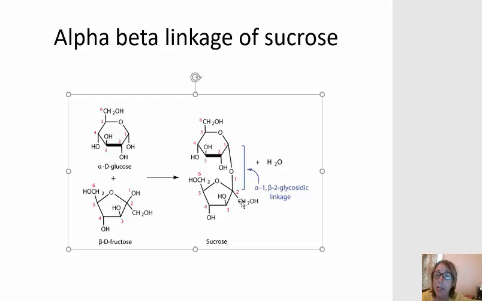So a condensation reaction occurs where water is released and a bond occurs between the C1 of glucose and the C2 of fructose. And it's basically an ether linkage. It's also known as alpha beta 1,2 or alpha 1 beta 2 glycosidic. Glycosidic just means it's a bond between two sugar molecules.